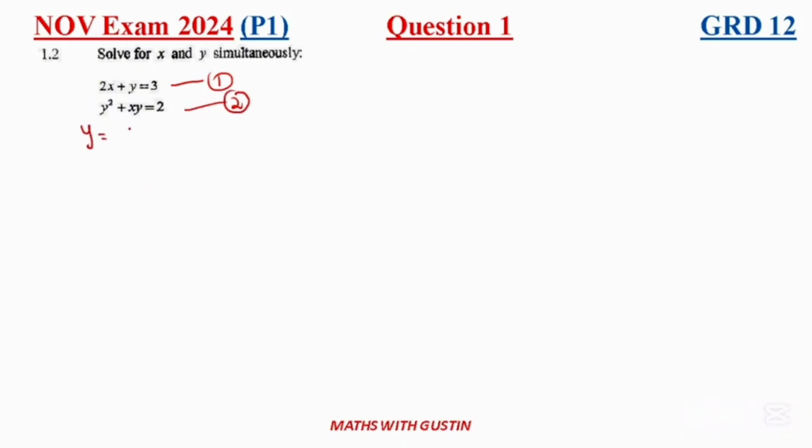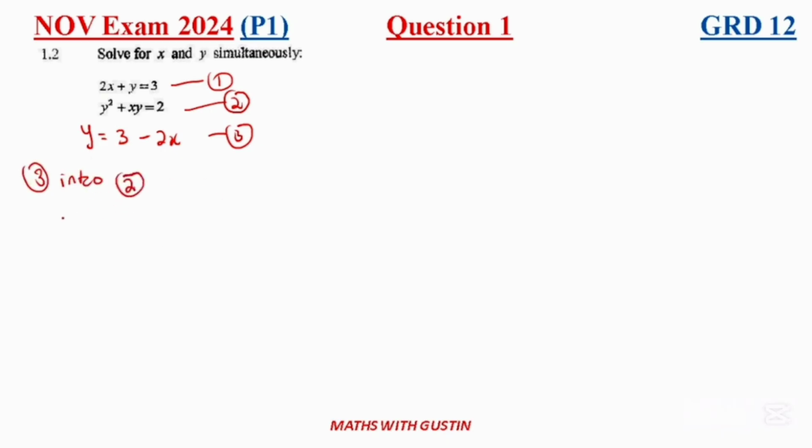So y is equal to 3, then you take this 2x to that side, it's going to be minus 2x, which gives us equation 3 in this case. So therefore you take equation 3, then you substitute it into equation number 2. Right, great stuff.